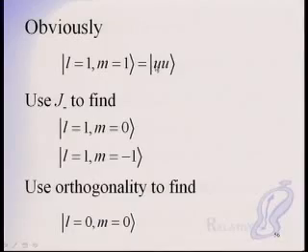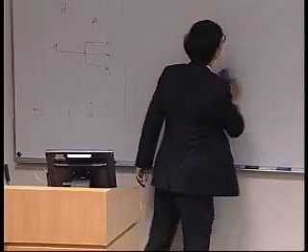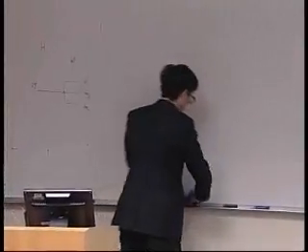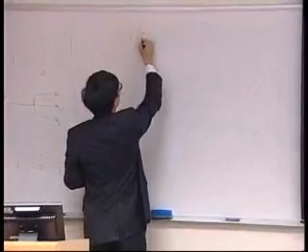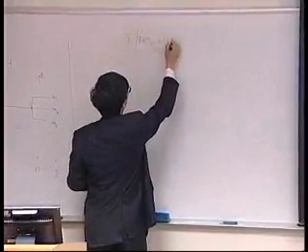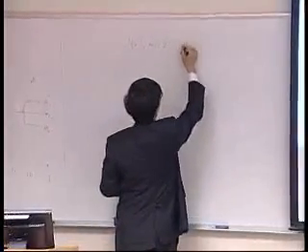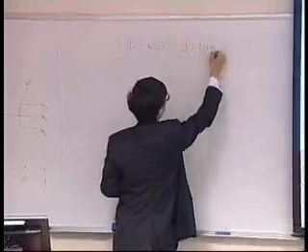It's UU. But if I know this and I apply J minus, then I can find these two. Let me just do one for you. J minus on L equals 1, m equals 1 is equal to J minus on UU.